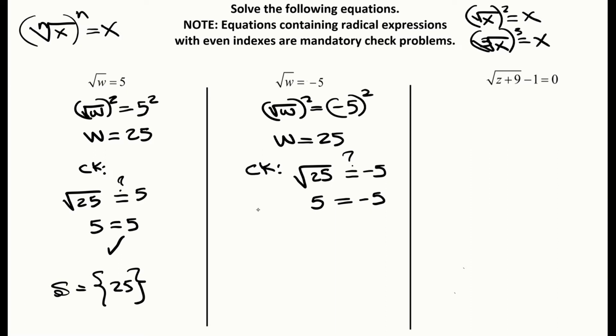So this one fails, and therefore the only potential solution turned out not to be one. So in this case, we say the solution set is the null set or the empty set.